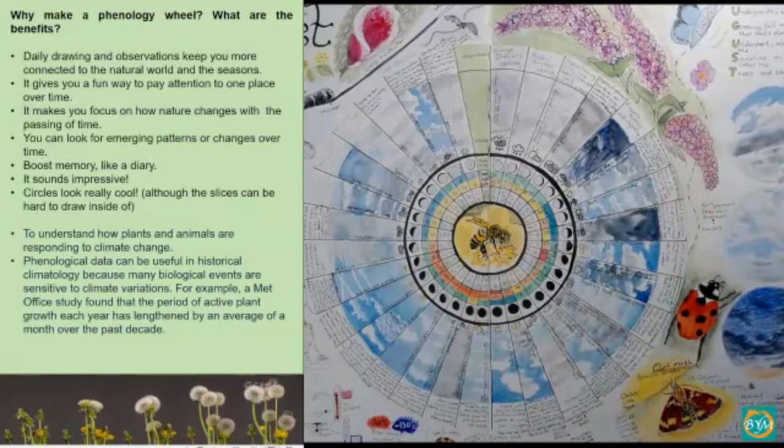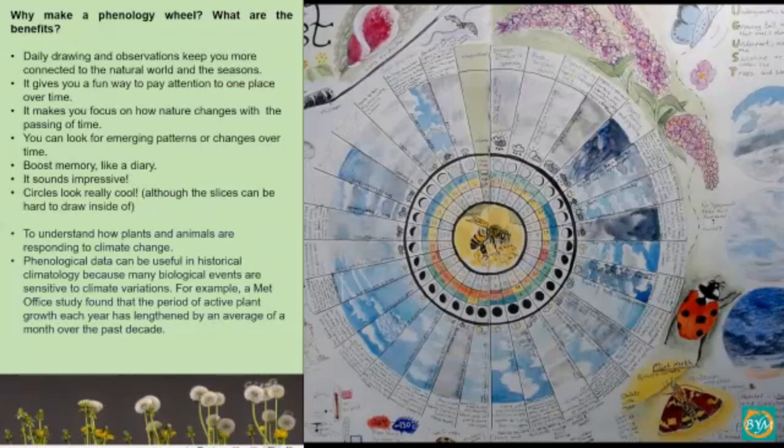If you are being even more scientific about our phenology wheel, then you can also use them to help you understand how plants and animals are responding to climate change. Phenological data can be useful in historical climatology.